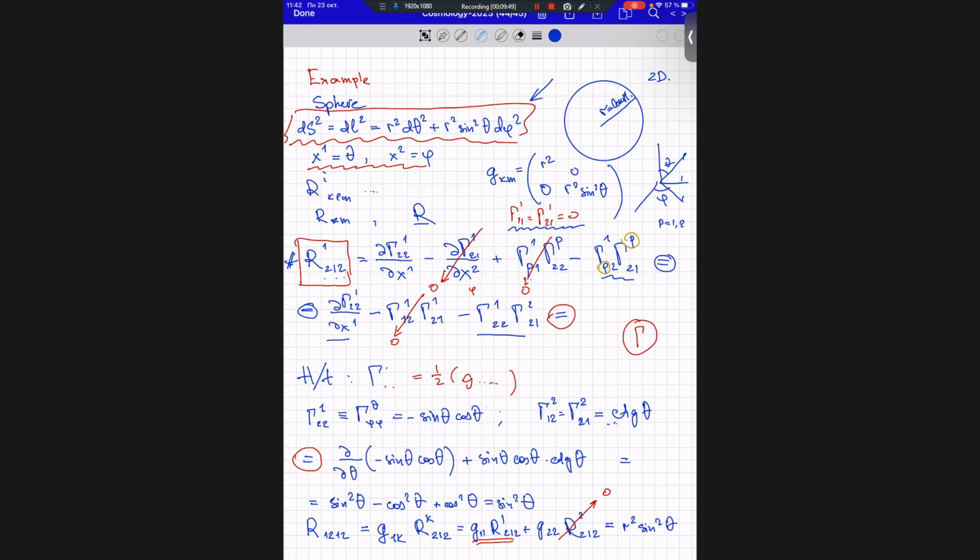A lot of components will be 0. This is due to the symmetry of the metric which we chose. So now let's find the Ricci tensor.